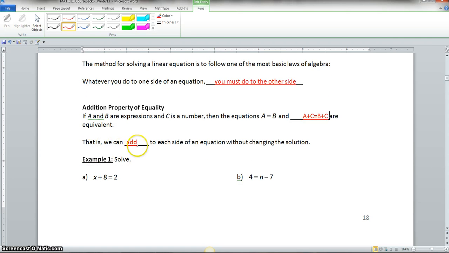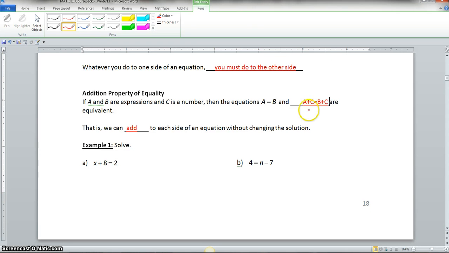That is, we can add to each side of an equation without changing the solution. This also works for subtraction, even though it's not listed here.